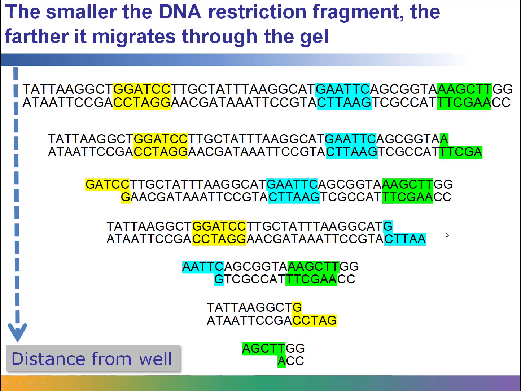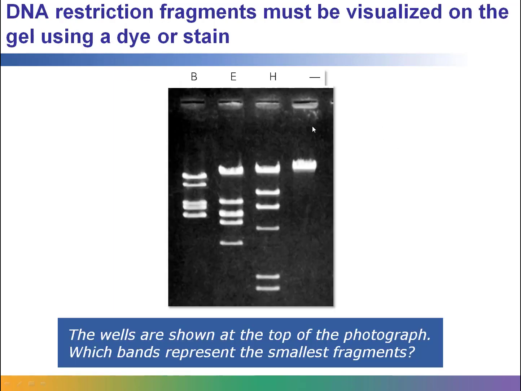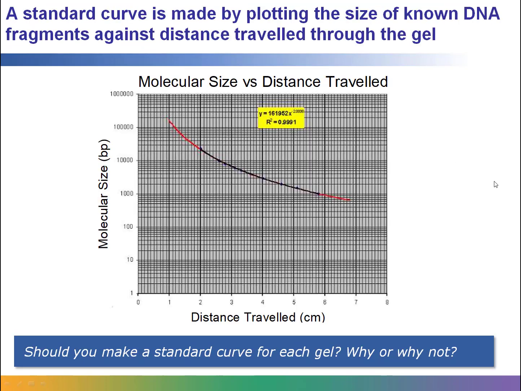All right, so if we go back here, we would know our DNA ladder sizes, but if we wanted to figure out how big a piece of DNA this is, we would take our ruler and measure from the end of the well to about the middle of the band in centimeters, and we would say maybe that's like 2 centimeters. We could look at our standard curve and say, okay, here's 2.